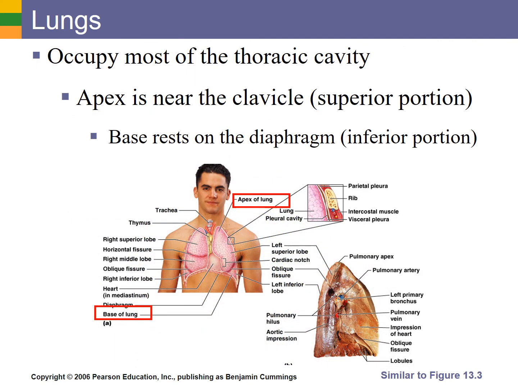The lungs occupy the majority of the volume of the thoracic cavity. The apex of the lungs is located right below the clavicles, and the base of the lungs rests on the diaphragm.